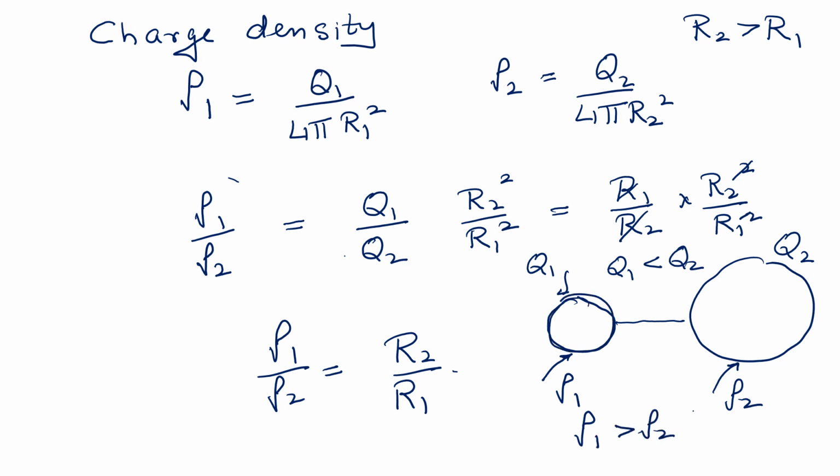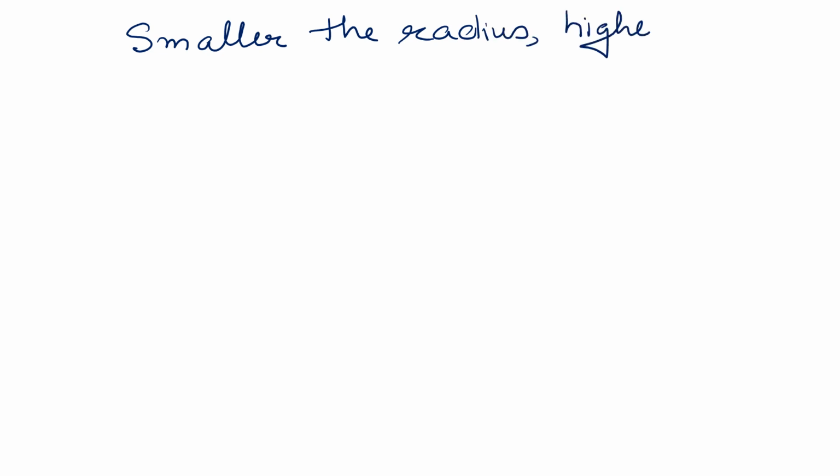Yes, the total charge here is less, but the charge is a lot closer together as opposed to the other sphere. Smaller the radius, higher the charge density. That's what we observe here. Right? So smaller the radius, the higher the charge density.